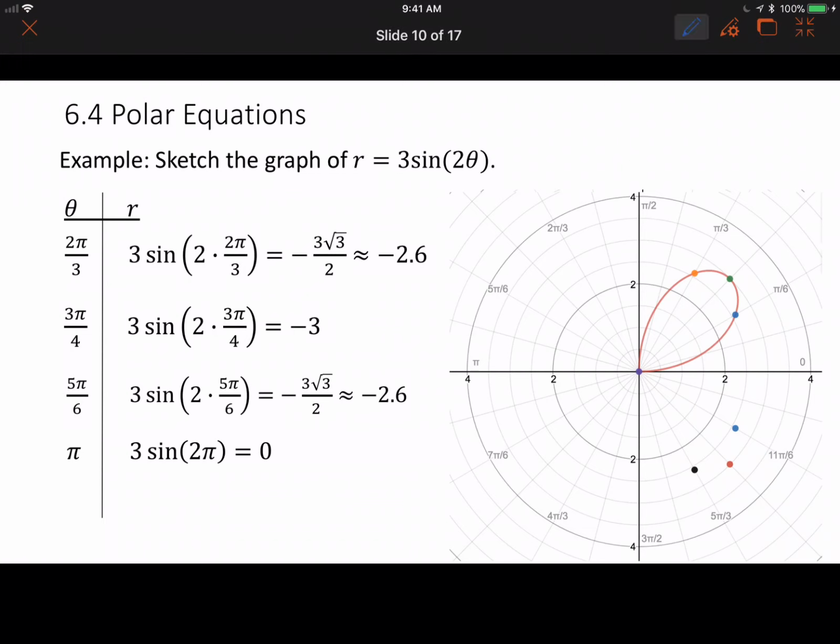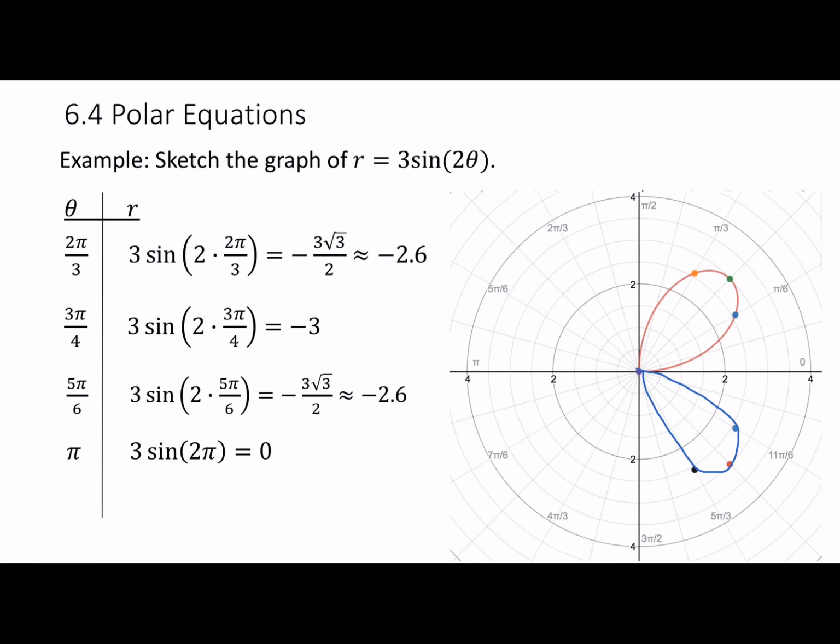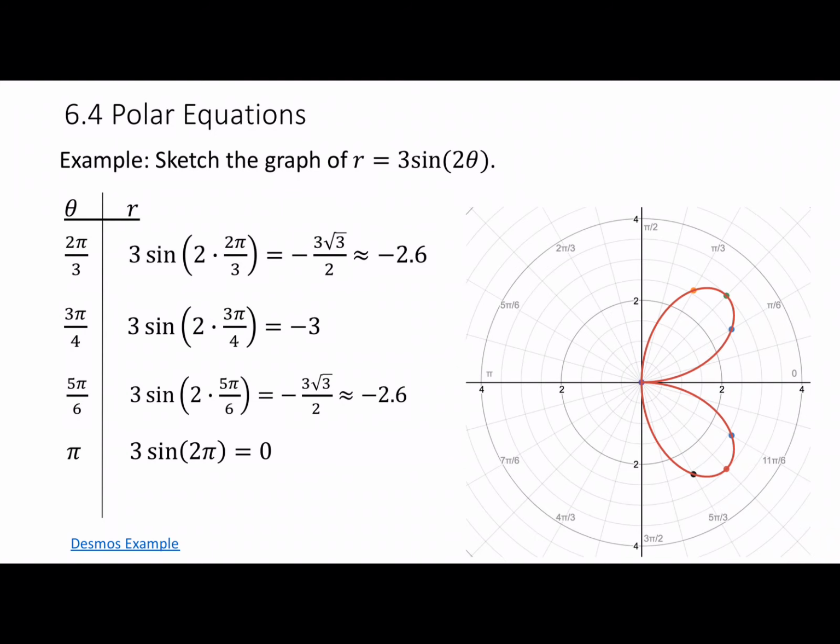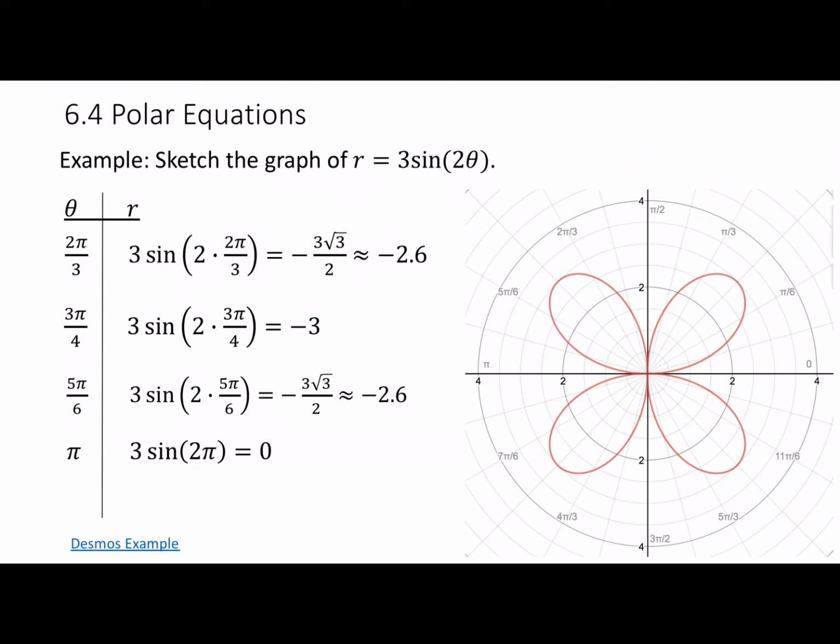So what we get is another loop like that. All right, now we could continue to do this. And what you'll end up with is a 4-leafed flower, or a 4-petal flower.